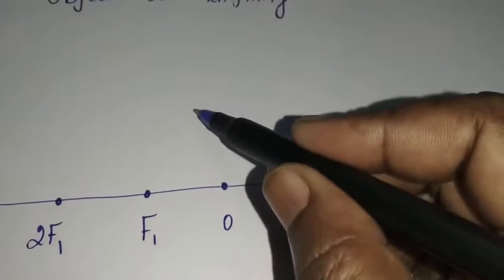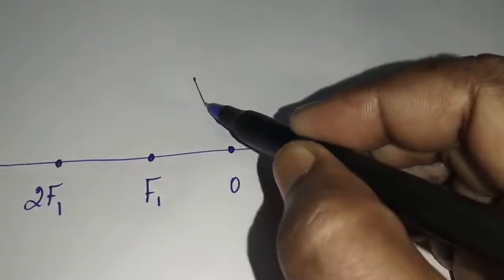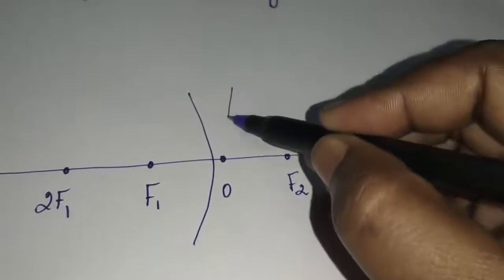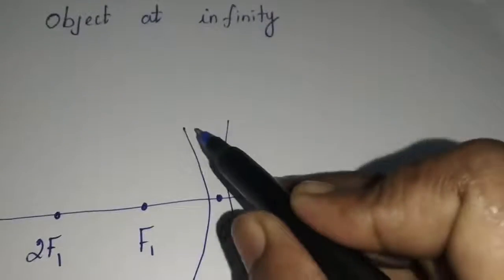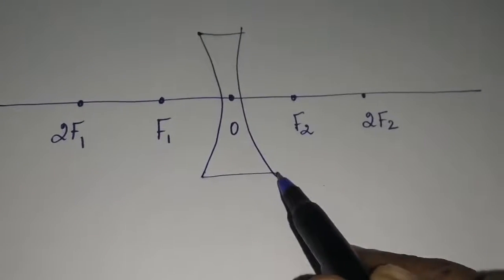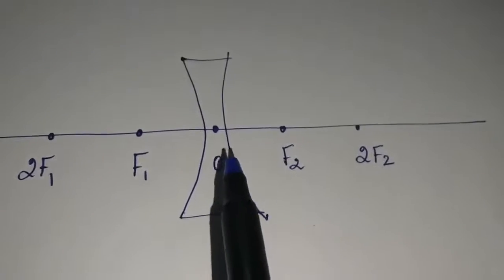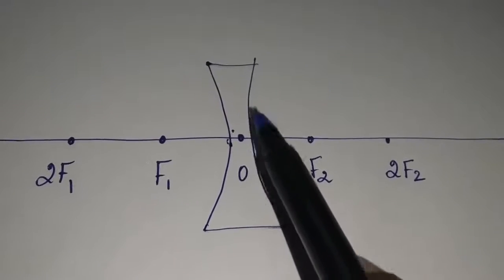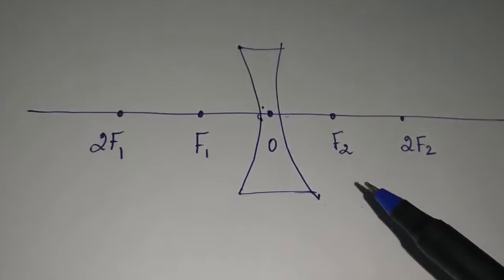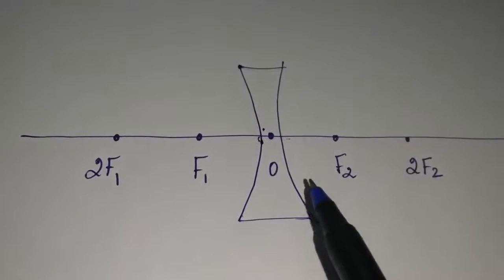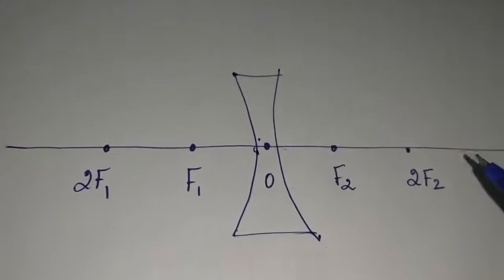You have to draw two curves. So this is the concave lens. The identification of concave lens is, it is thin at the middle and thick at the edge. And then you have to draw the thin lens and don't draw the thick lens.